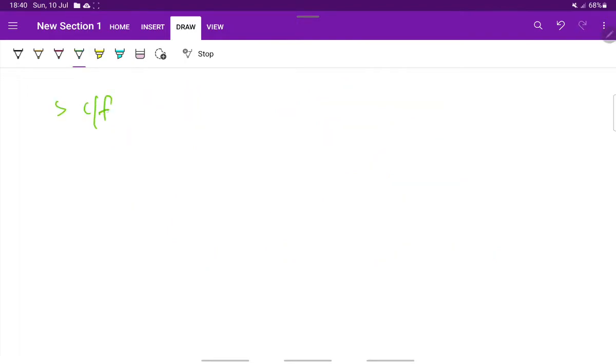Coming to the clinical features, because it is most commonly due to secondary abdominal pregnancy, there will be a history of tubal pregnancy.